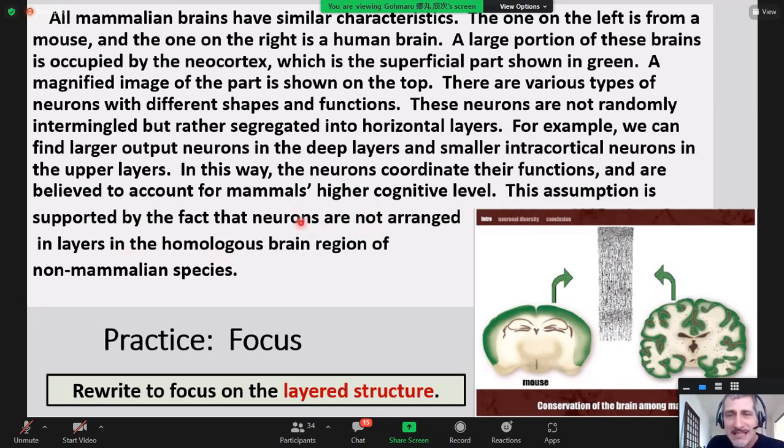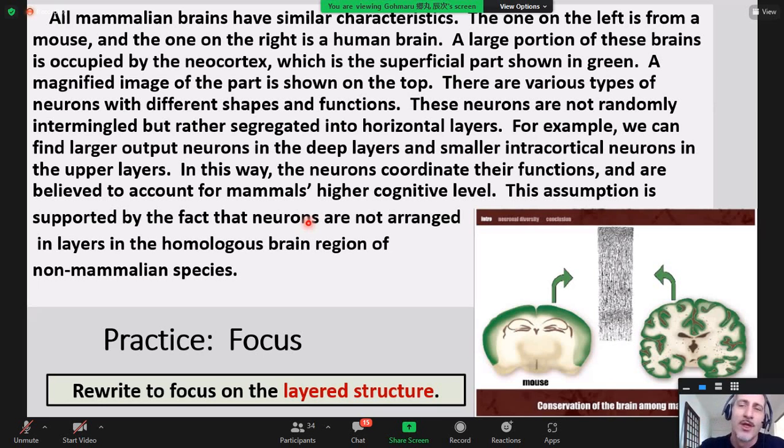Again, the subject in the strongest position is neurons, and the rest is describing the subject. So we see that this is a very powerful tool, this grammar of strong position. All of you noticed the word neuron because it appears in the strong position. But that's not the main focus of this passage.